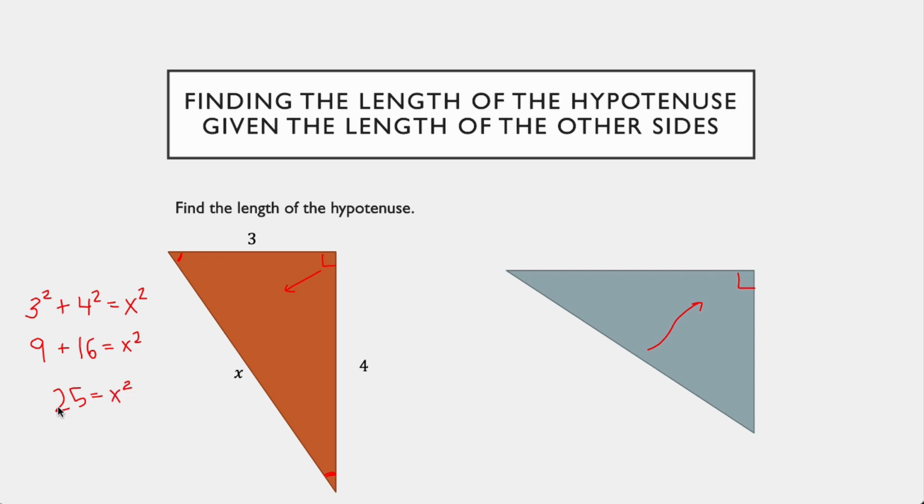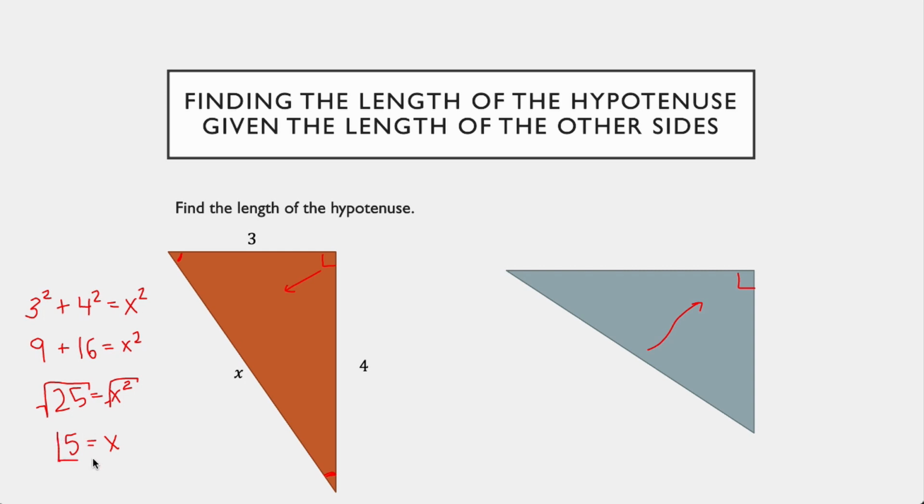And this is a perfect square, so we just square root that, square this side. And since a length cannot be negative, we take the principal root, or the positive root, of x squared, and 25. So the answer is 5 is equal to x.